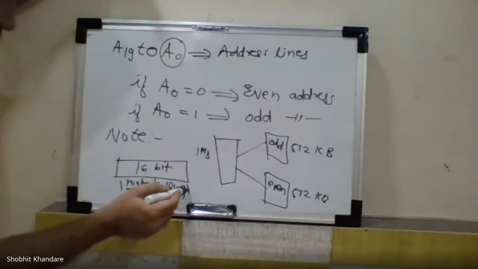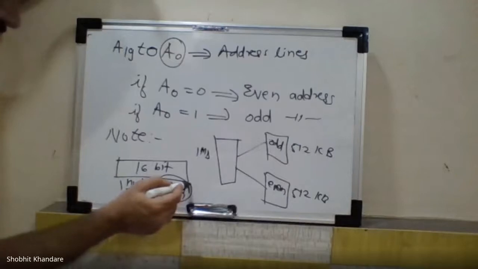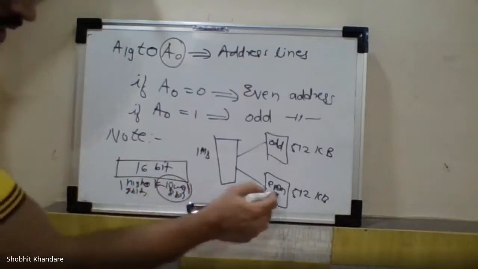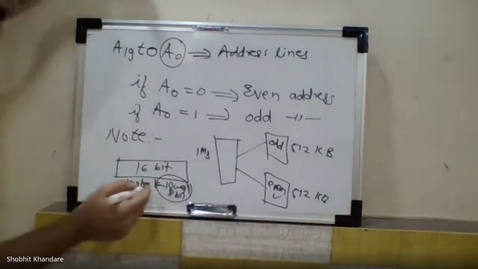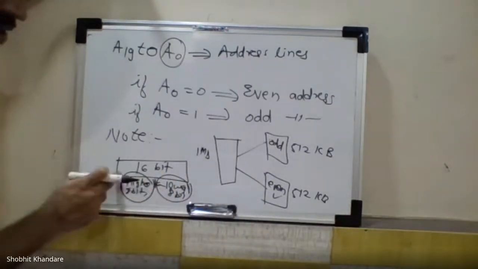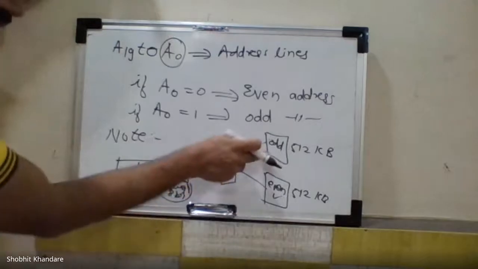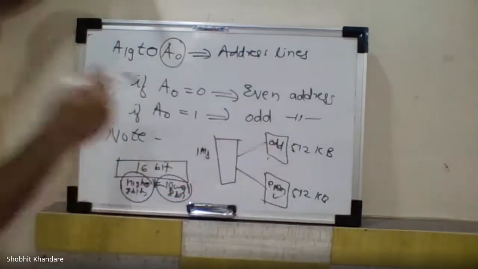The lower 8 bit will be stored into the even bank, that is why even bank is also called the lower bank. And the higher 8 bits are stored into the odd bank, that's why the odd bank is also called the higher bank.